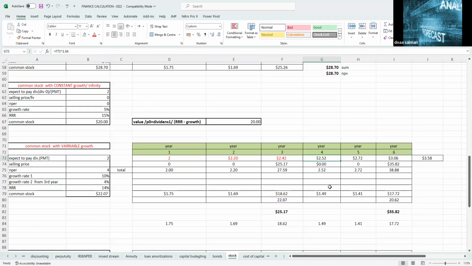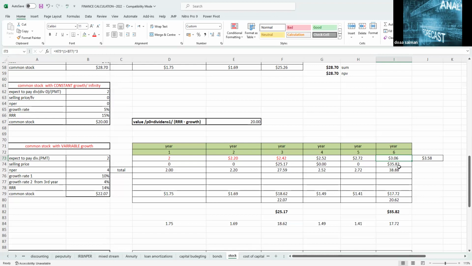So times the growth rate, or you can do it by the formula: take 2.42 times the growth rate to the power 1, then the growth rate to the power 2. It lasts for 3 years, and then I'm going to sell the stock.